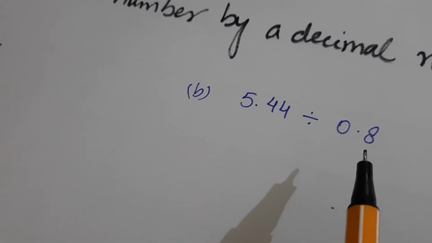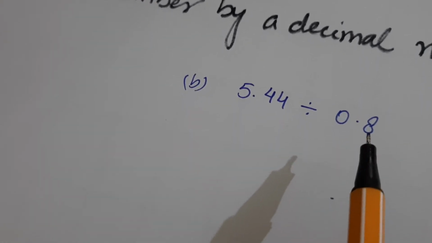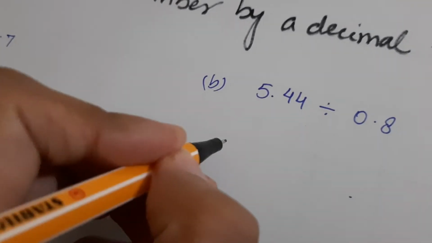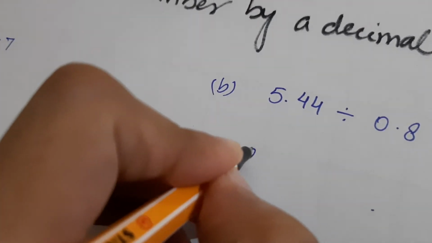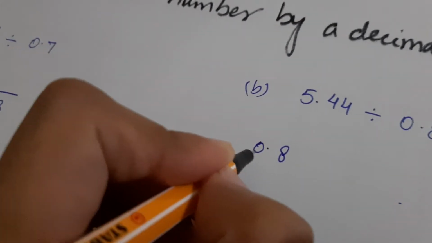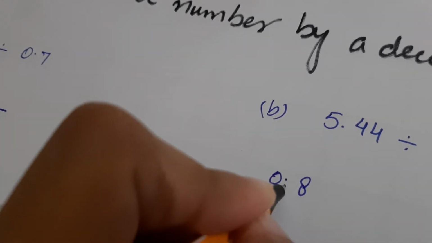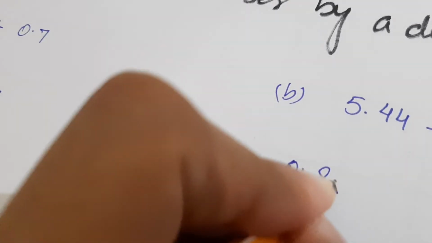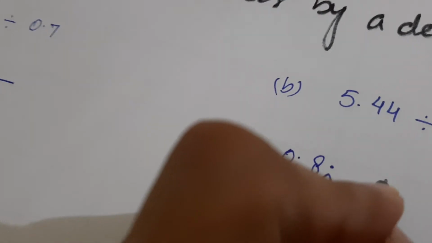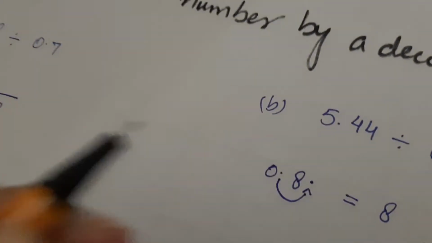Now let us see how I can make this decimal number a whole number. So let us move the position of the decimal point over here. Now this has become 8.